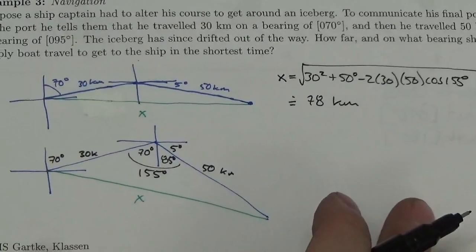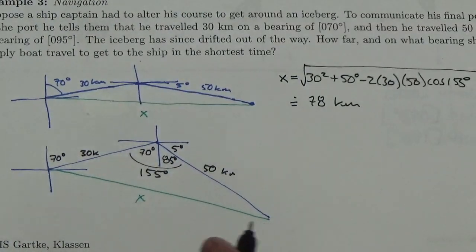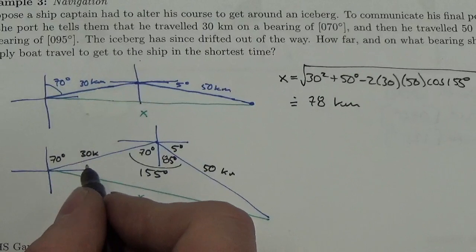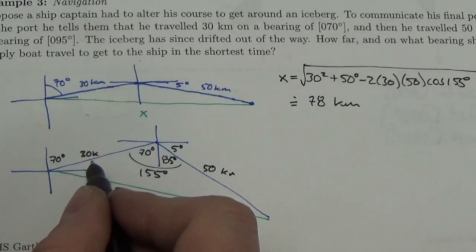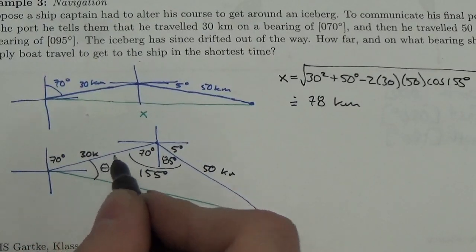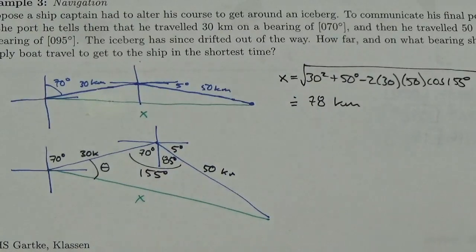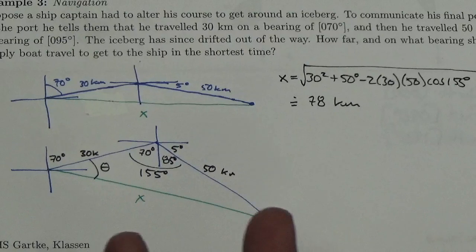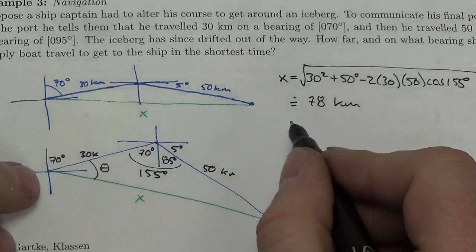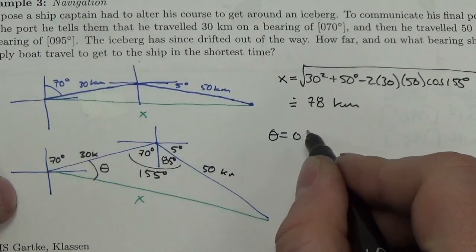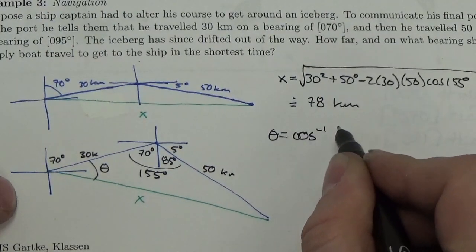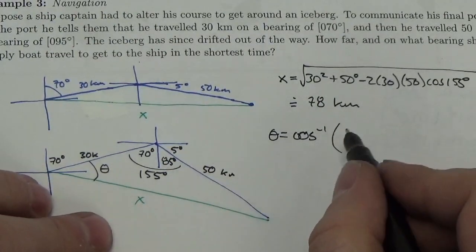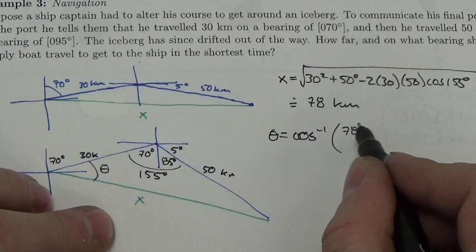Okay, now I want to figure out what bearing this is on. So what we're going to do here is I want to figure out what this angle is right here. Now in the previous question that we did, I used the sine law here. But you don't have to use the sine law. This is actually set up really beautifully now to use the cosine law. So I'm going to figure out what theta is, and this will be the inverse cosine of, well, it's going to be that 78 squared, although I'm not going to use 78.